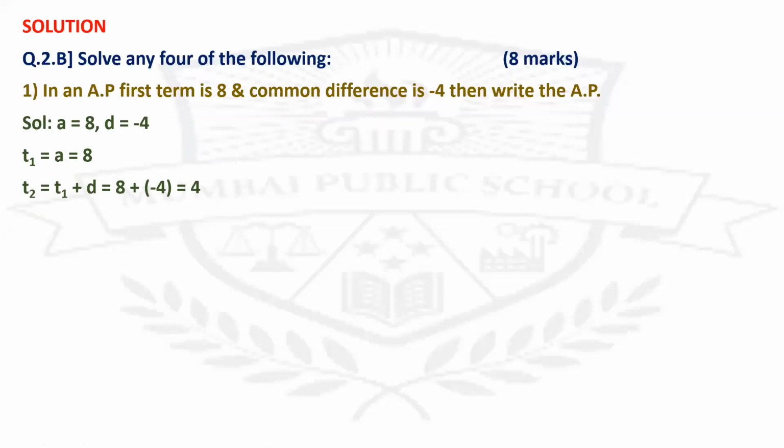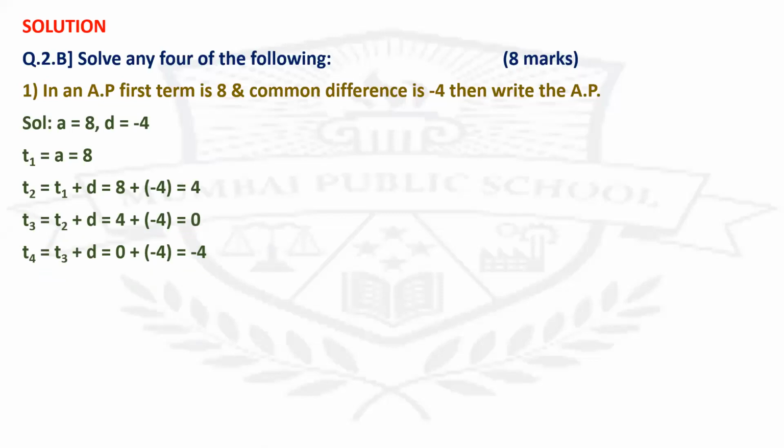Now one number is negative out of the 2, so you're going to subtract and put the sign of the greater number. So the answer here is 4. Then you've got T3. The value of T3 is T2 plus D. So that is 4 plus of minus 4. One number is positive, one number is negative, so you'll subtract, and you'll get 0.